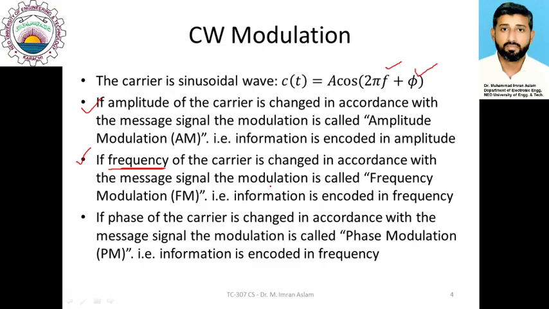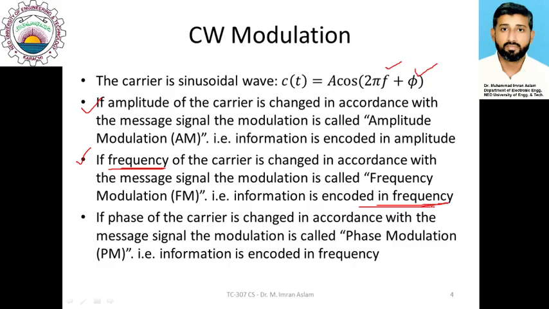So amplitude would remain same, we would not change the amplitude of the carrier wave, rather we will be changing the frequency. So high amplitude in the message signal would be represented by high frequency of the carrier wave. In other words, the information would be encoded in the frequency of the carrier signal.